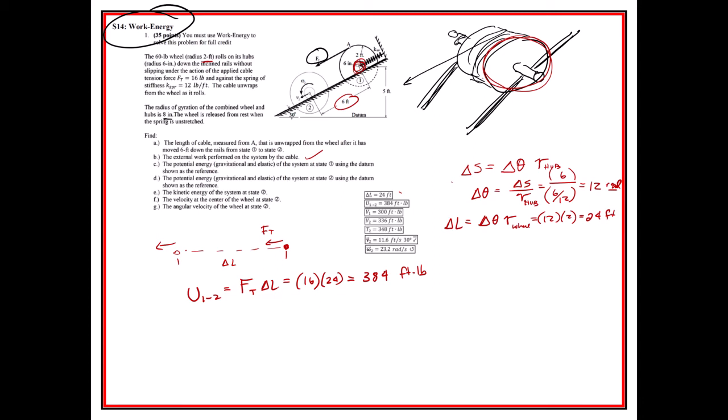Okay, so the potential energy that's going to change right here. The potential energy at state 1 is just going to be this distance to this distance right there. Let me see.